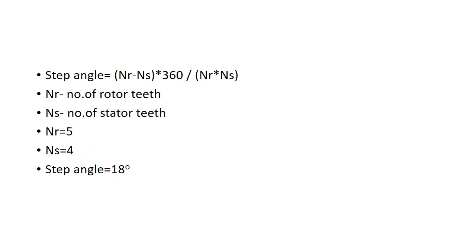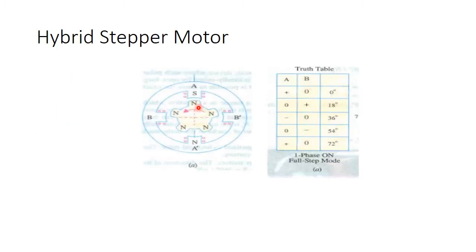When you substitute, you will get it as 18. So here, when A winding, A dash winding is excited, the rotor will be exactly at 0 degree. When you give B winding excitation, it will move to an angle of 18 degree and it goes on like this. So for each step signal, it will rotate at an angle of 18 degree.